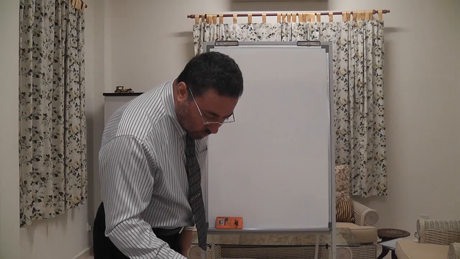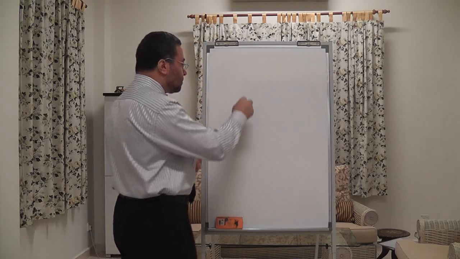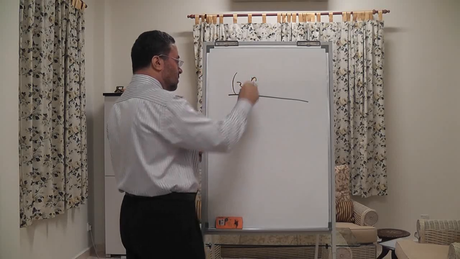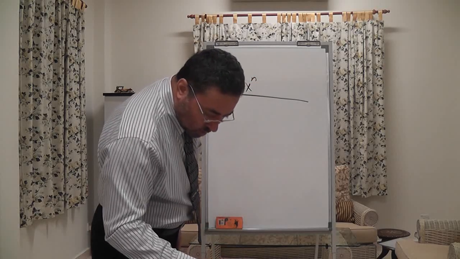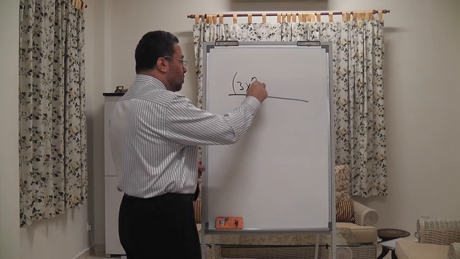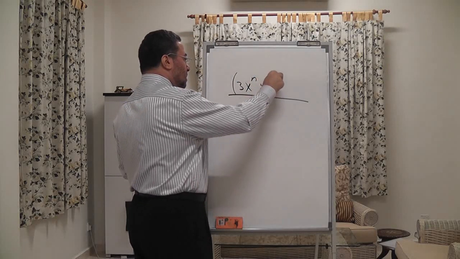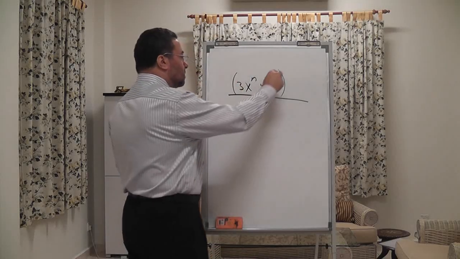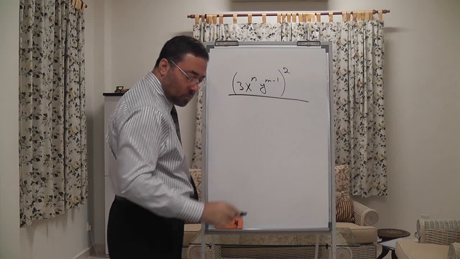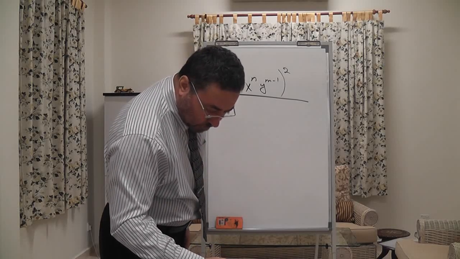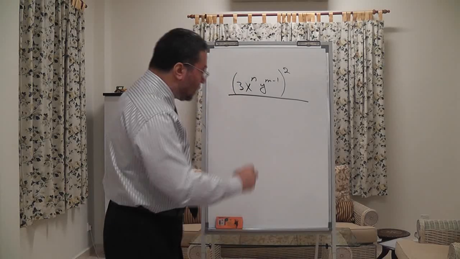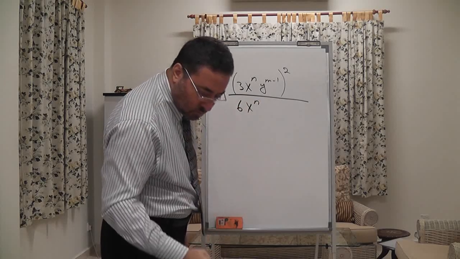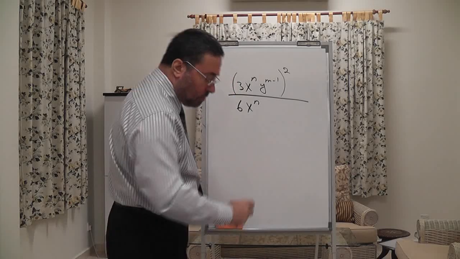Number 31, 3x to the n y to the m minus 1, the whole thing is squared over 6x to the n y to the m plus 2.